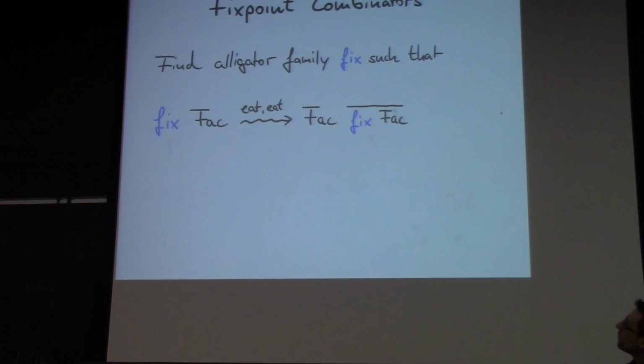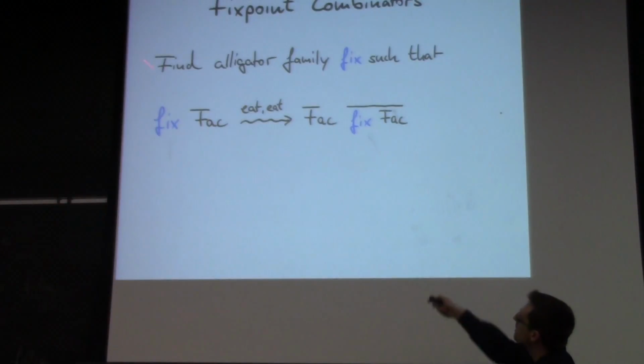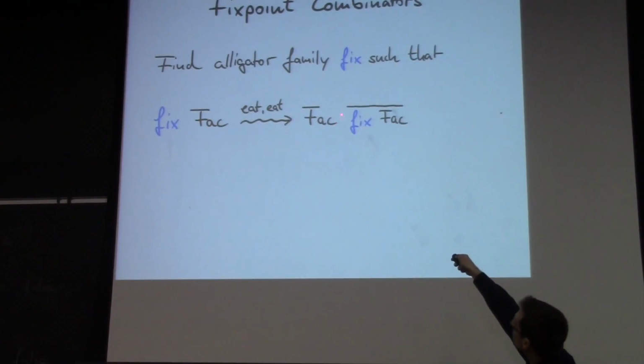So now the trick, what we need to do, is somehow get some family that does this kind of doing something arbitrarily often, right? Sort of recursion.